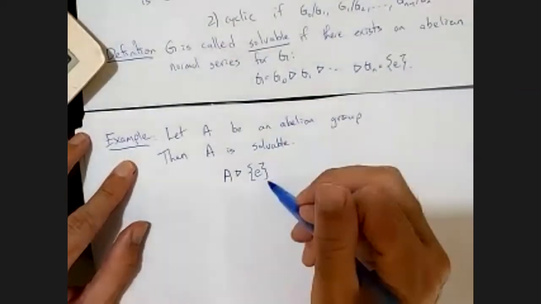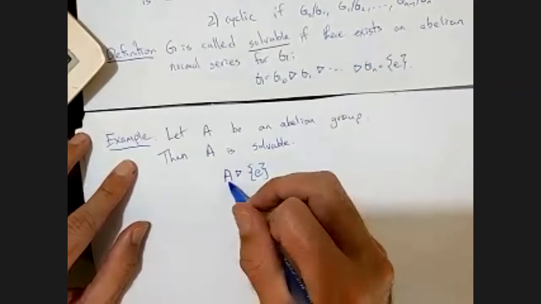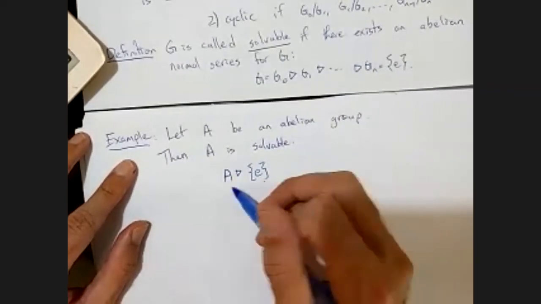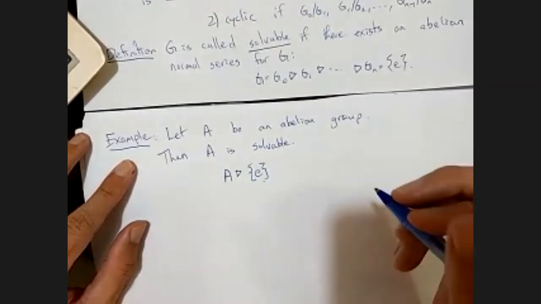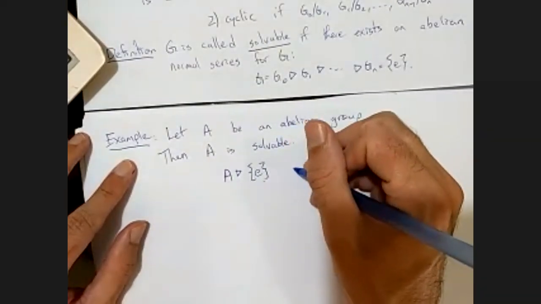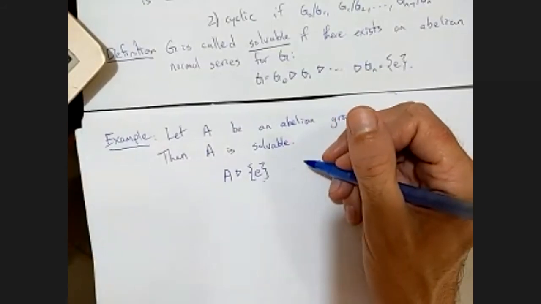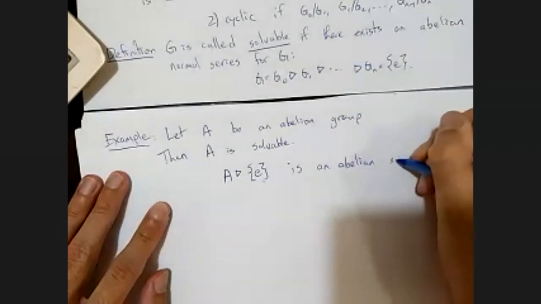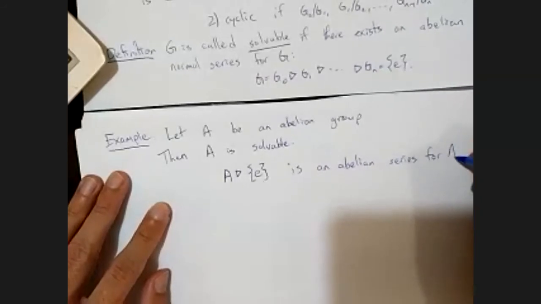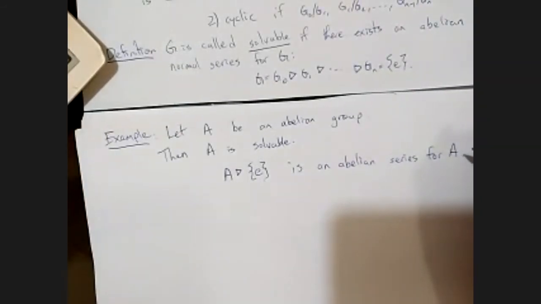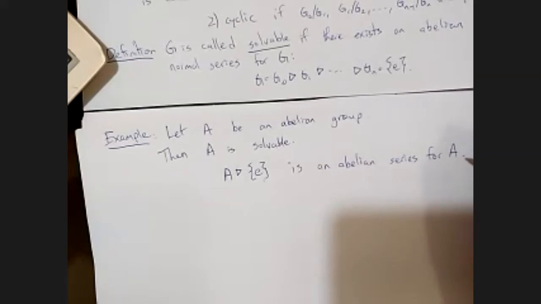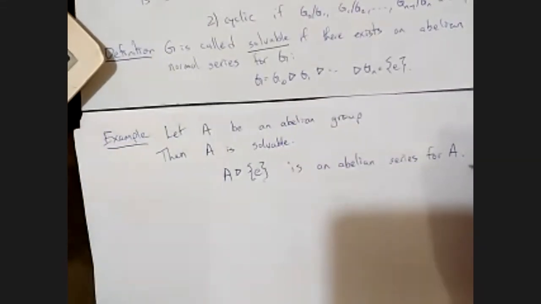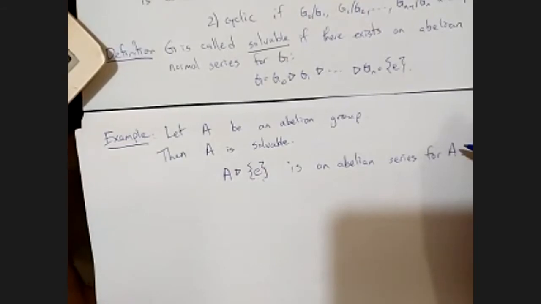This is a normal series for A, and the quotient A mod the trivial subgroup is abelian because it's just A. This is an abelian series for A. So any abelian group is a solvable group.